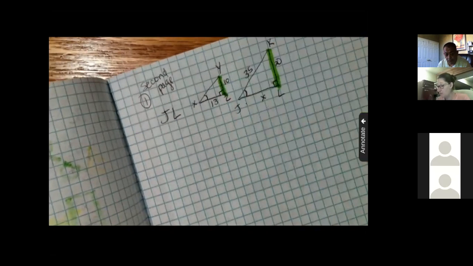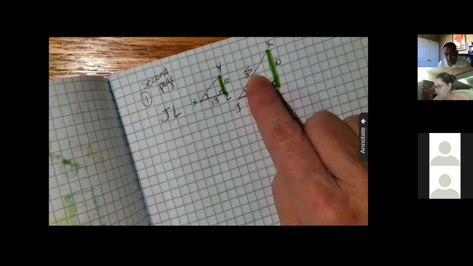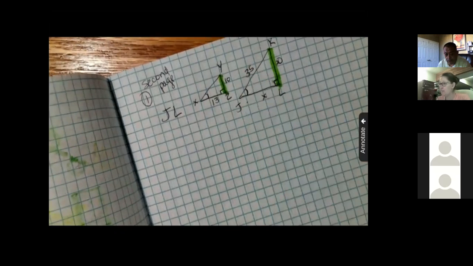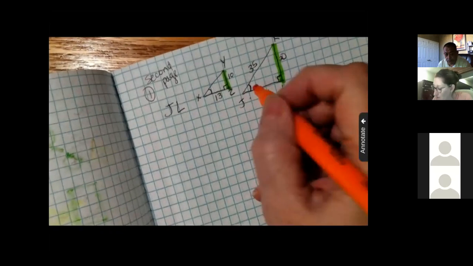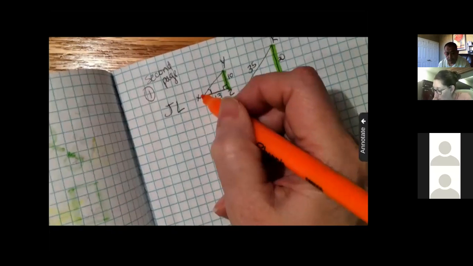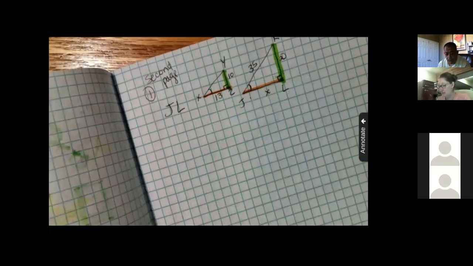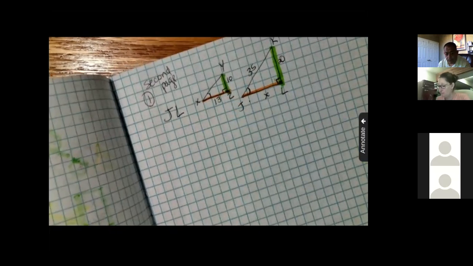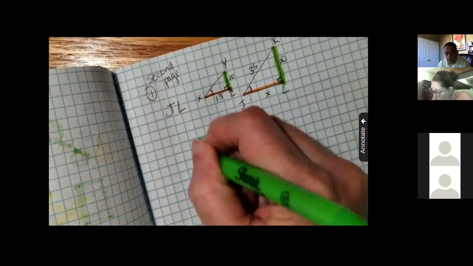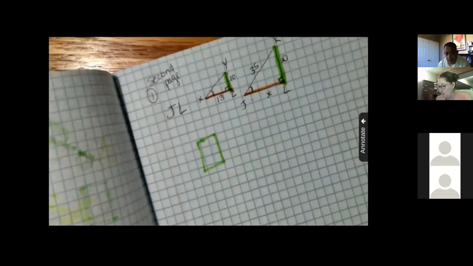Now, they gave us two choices, they gave us the 35. But wait, they didn't give me anything here, so this is extra info I don't need to worry about. I do need to know X, which is JL, and that matches up to XZ. So if I do my little boxes, I'm going to go green to green and orange to orange.